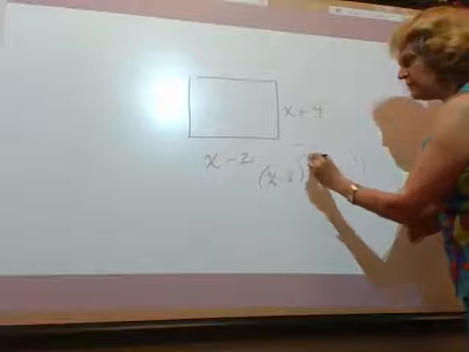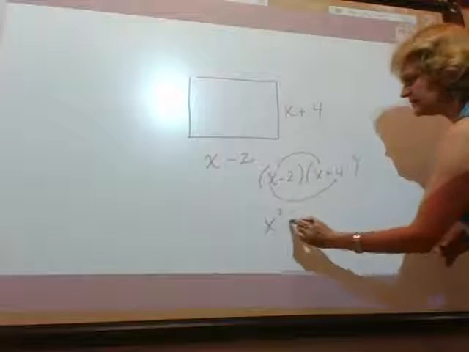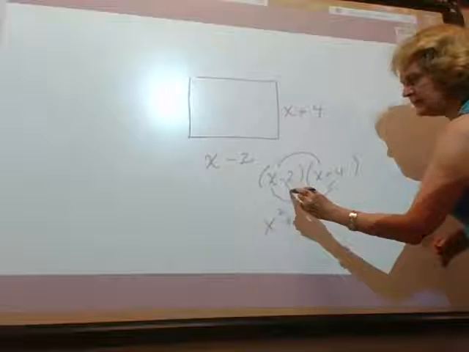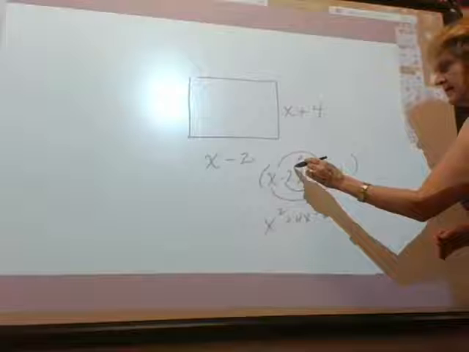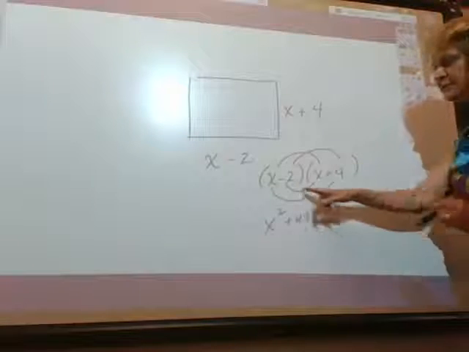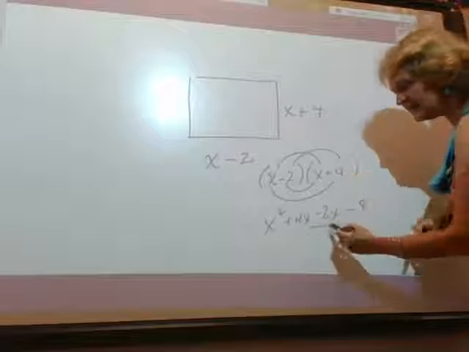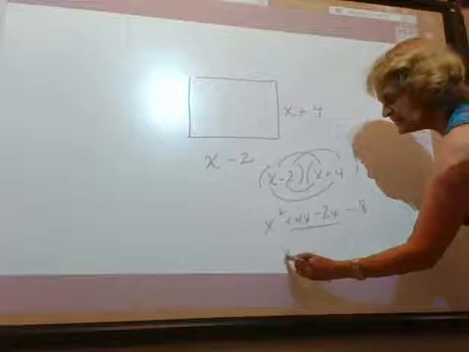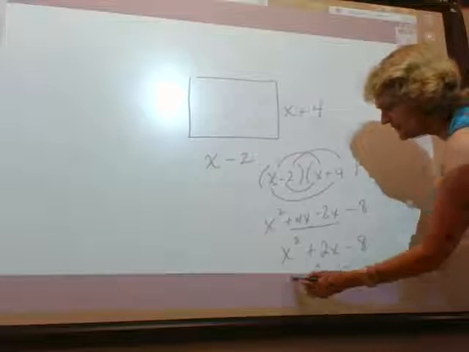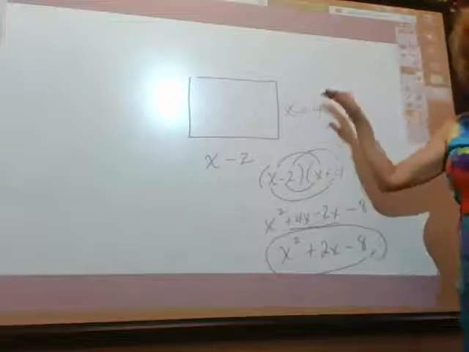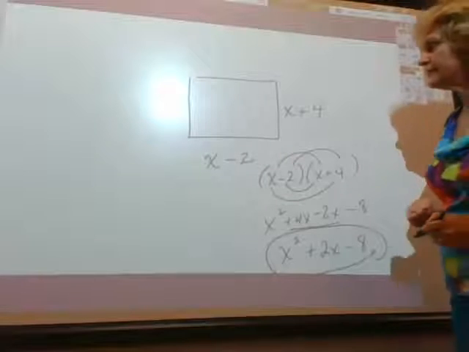Well, have to do FOIL. So x squared plus 4x minus 2x and then minus 8. Notice the negative 2 times positive 4. Okay, collect your like terms. So x squared plus 2x minus 8 would be the area of this rectangle. Kind of weird area, but yeah, it is what it is.